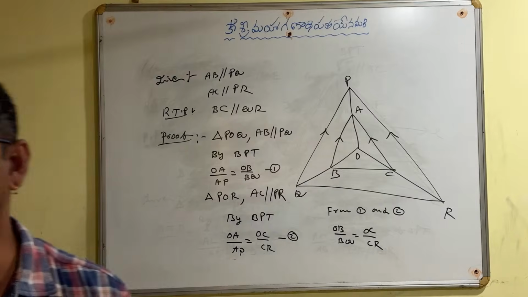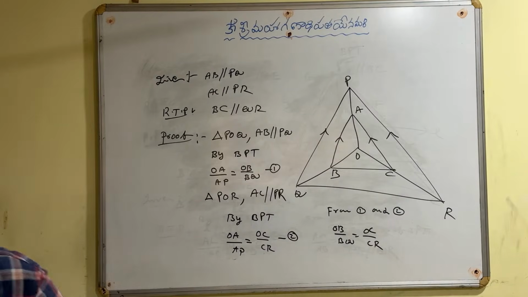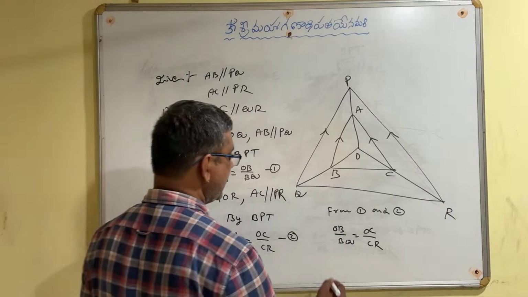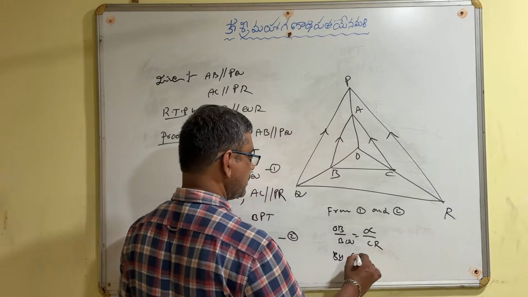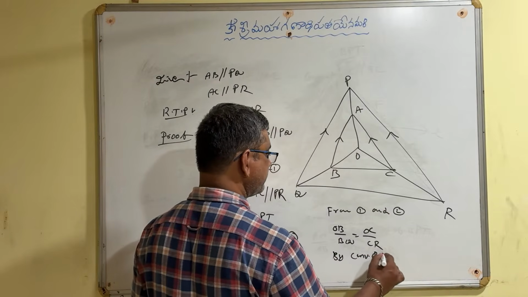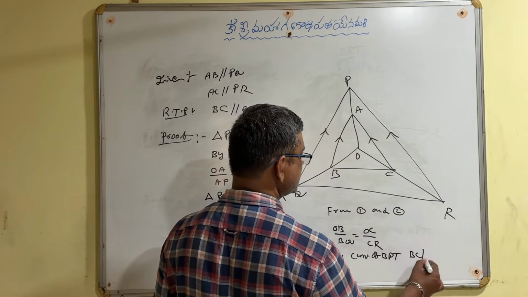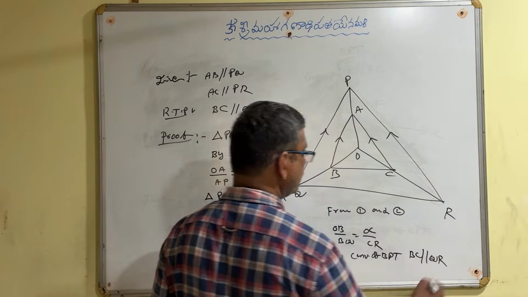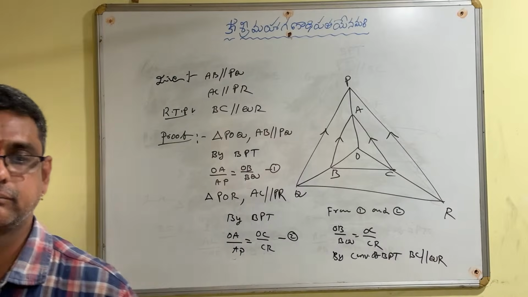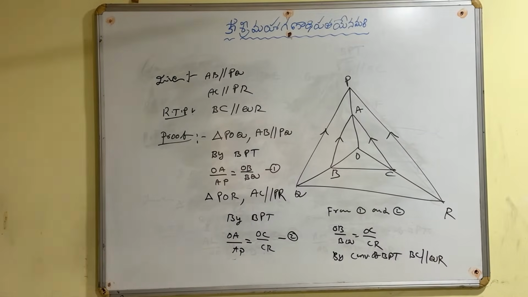Now, what is our conclusion? By converse of BPT, BC is parallel to QR.